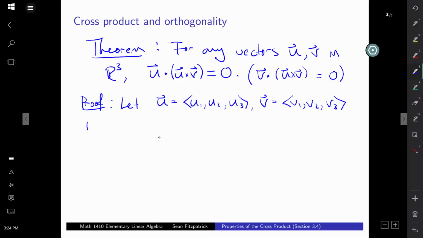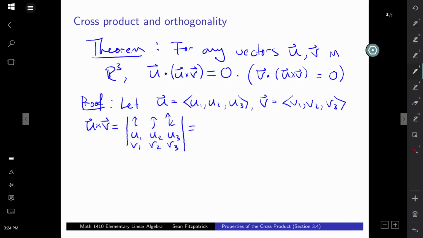So we know that the cross product u cross v, right? So this, if we work it out using this 3 by 3 trick, so we write u1, u2, u3, v1, v2, v3.